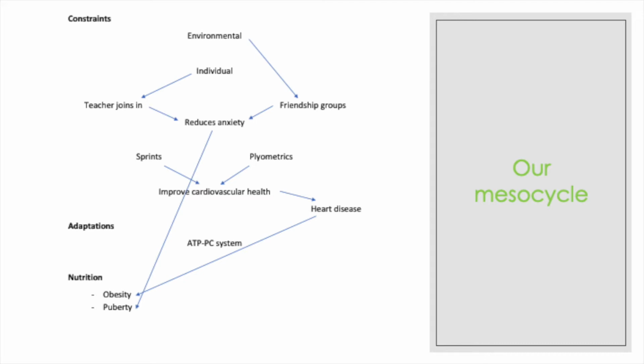Research by Haywood and Getchell in 2009 states that the constraints that can be manipulated can be classified into three distinct categories: the individual, the environment, and the task. Manipulating any of these constraints alters the affordance landscape for the learner.